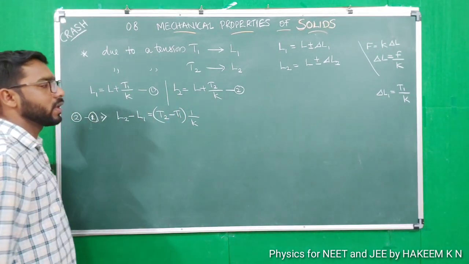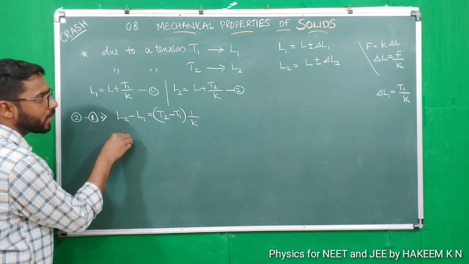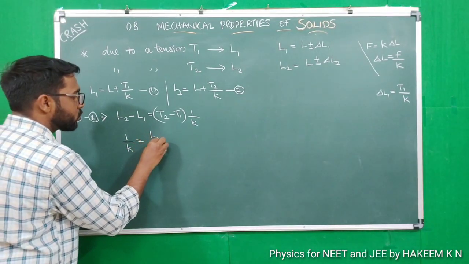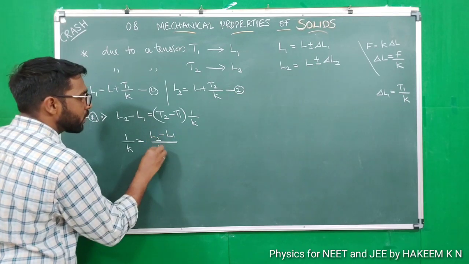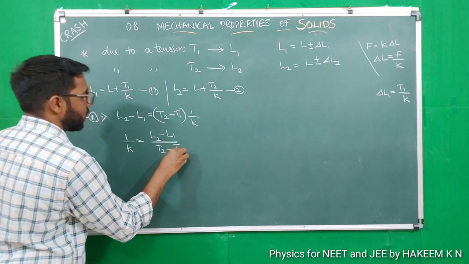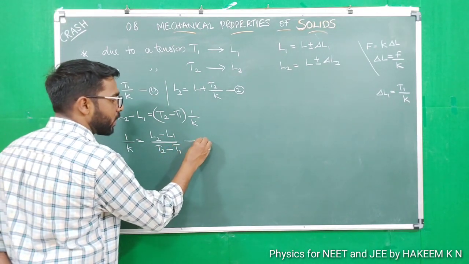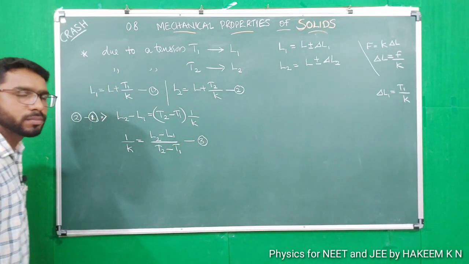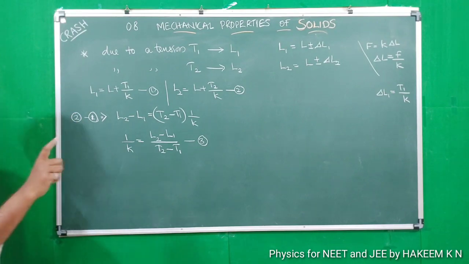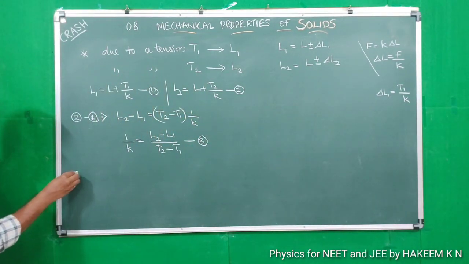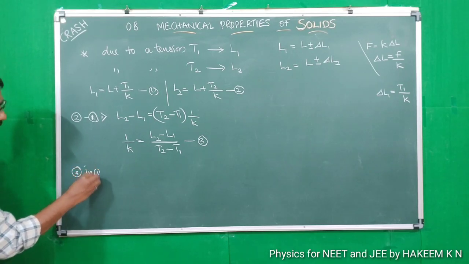Then 1 by K equals L2 minus L1 by T2 minus T1. This is the equation of 1 by K, which I am calling equation number 3. We can substitute it in equation number 1 or equation number 2 to get the actual length L. So I am applying 3 in 1.